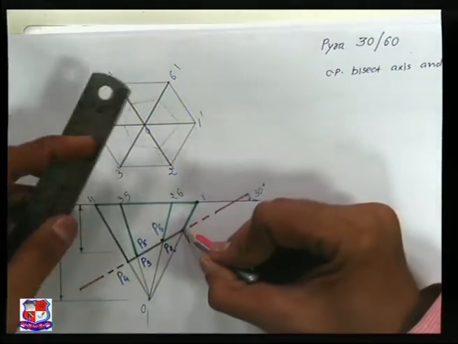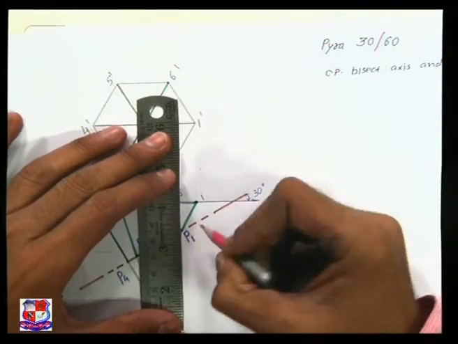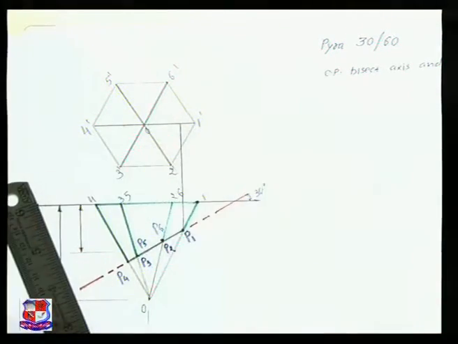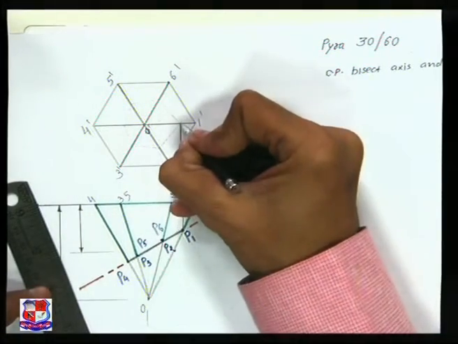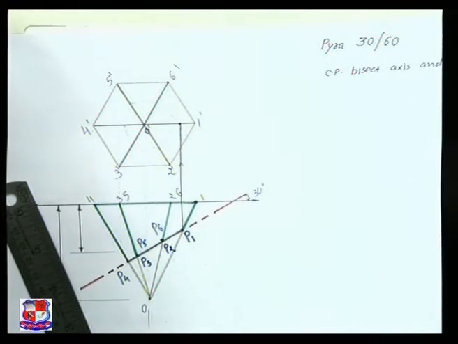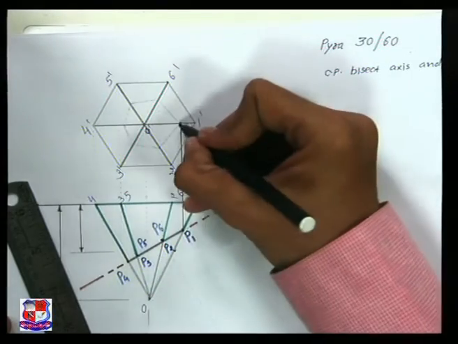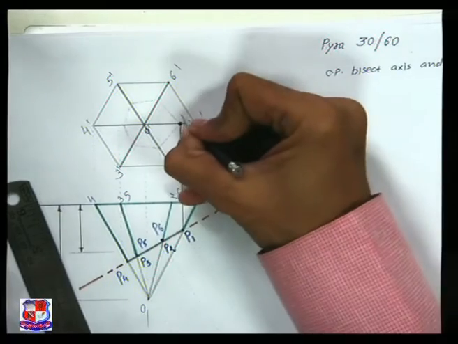Now P1 point is here, it is on O1, so from P1 draw a straight vertical line that will cut O dash 1 dash. The intersection of O dash 1 dash and this vertical line is this point. So mark that point over here, somewhere here, and that is point number P1.